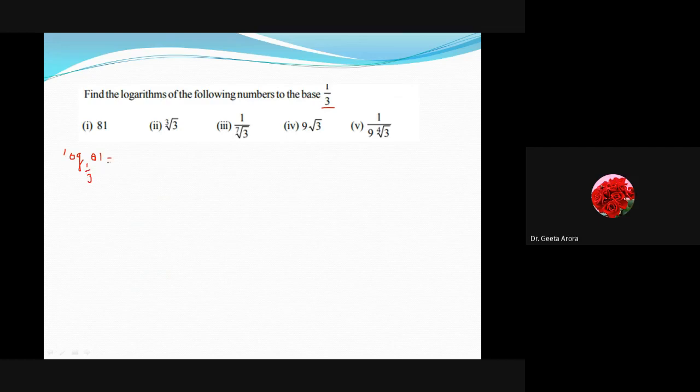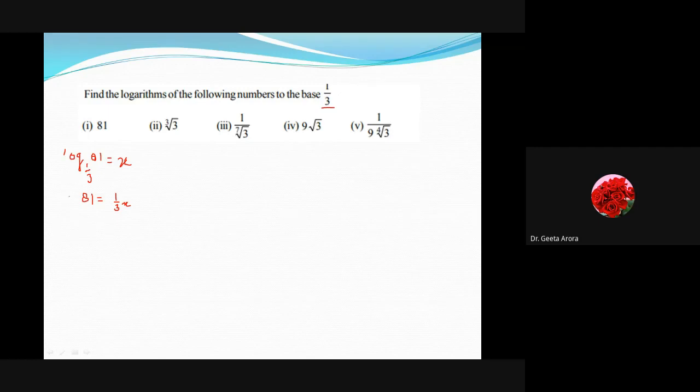We have to calculate this. Let me take this equal to x, and we are looking for the value of x. It means 81 can be written as (1 by 3) raised to power x. Correct? Both are the same thing.